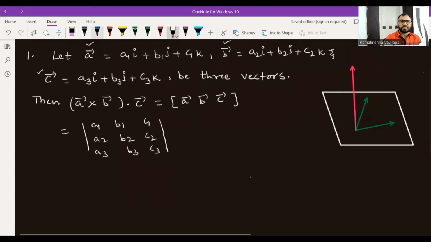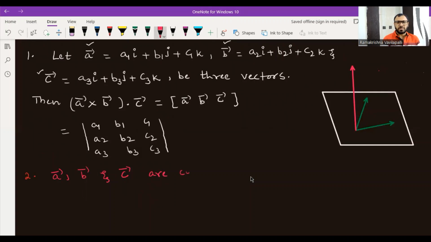So here I am writing that A bar, B bar and C bar are coplanar if and only if the box of A bar, B bar and C bar equal to 0.